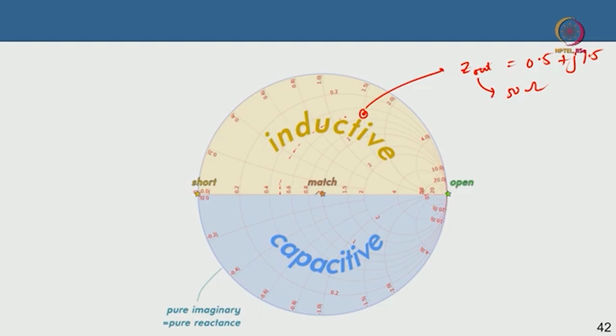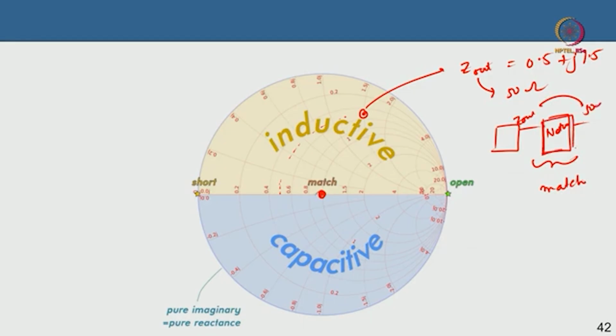So I want to come from this point to this point here. How will I come? There are many ways to come. Essentially, with the transistor you are going to implement some network of capacitors, inductors, etc. This is called a matching network. That matching network will transform the output impedance of the transistor to 50 ohm.